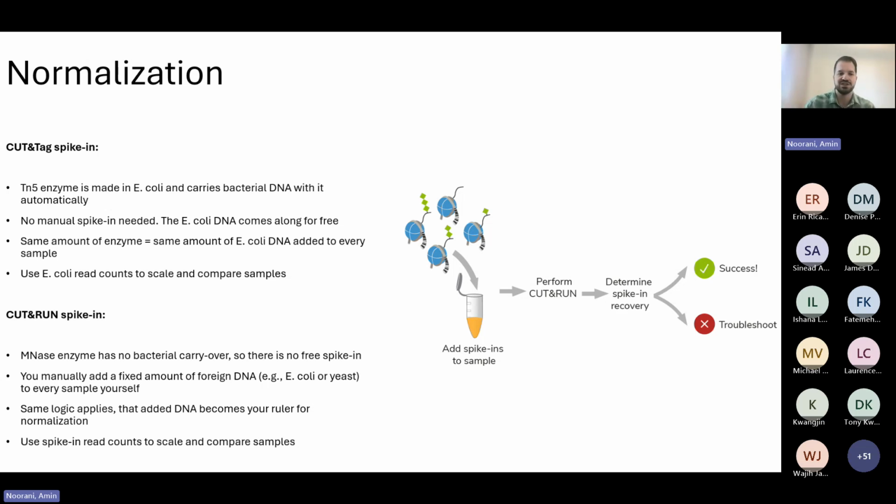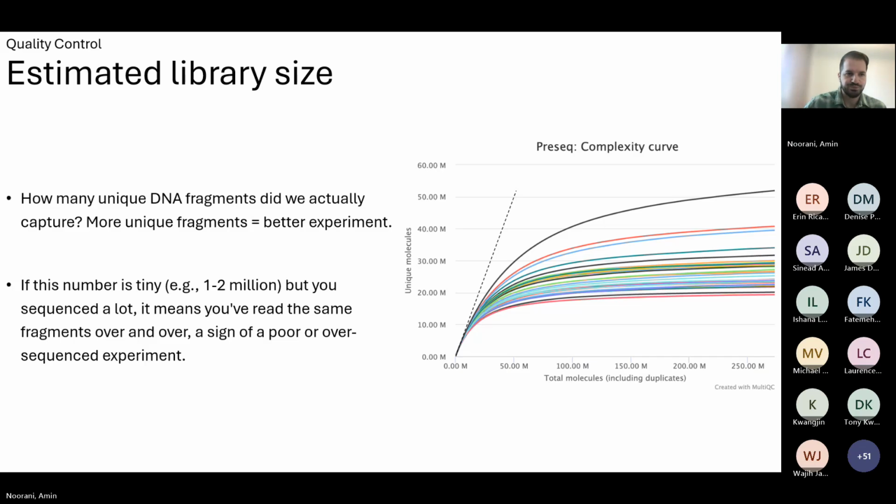So it should be same batch, same amount. And interestingly, this method is going to be used in other assays like ATAC, because I'm hearing from colleagues that are using it for their normalization, because it's more reliable, I guess.